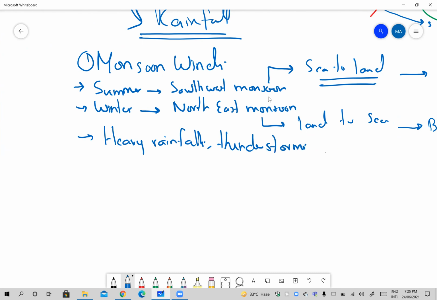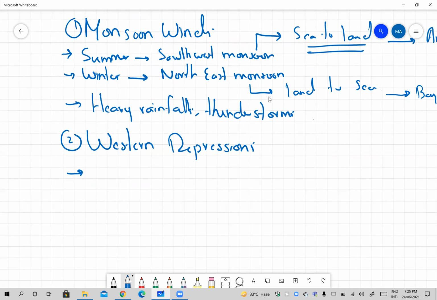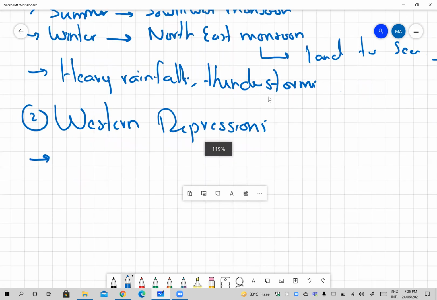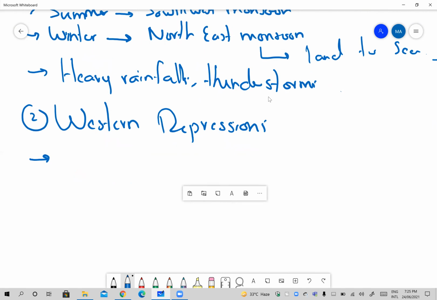Okay. Now we're looking at the Western depressions. The Western depressions are basically cyclones that originate in the Mediterranean Sea.